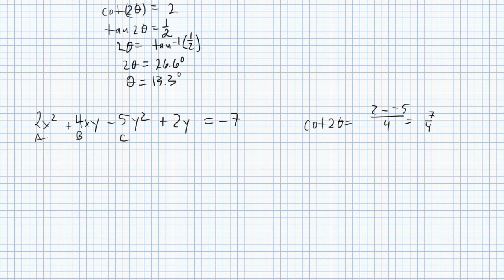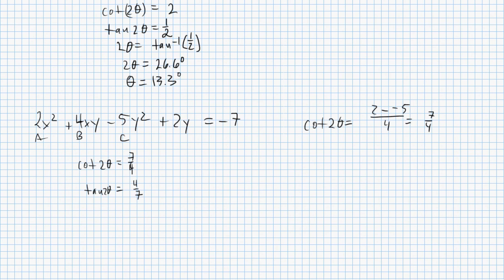And so that's going to give us, so I'll start over here, cotangent 2 theta is equal to 7 over 4. So first we take the reciprocal of both sides, because we can't really do cotangent on our calculator, so the tangent of 2 theta is going to be equal to 4 over 7.